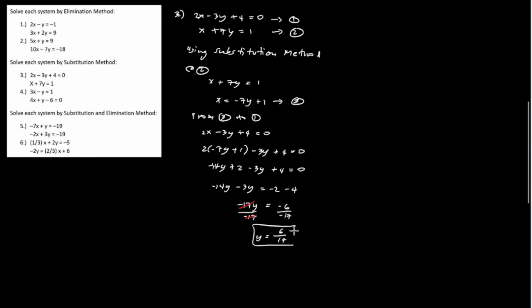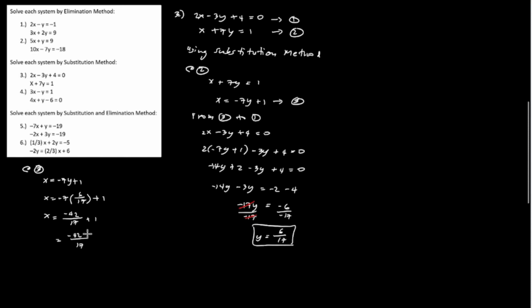And that's for y. Using equation 3, x is equal to negative 7y plus 1. X is equal to negative 7 times y, which is 6 over 17, plus 1. X is equal to, negative 7 times 6 is negative 42 all over 17 plus 1, and get the LCD, which is 17.